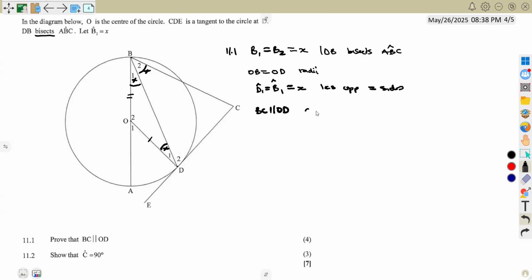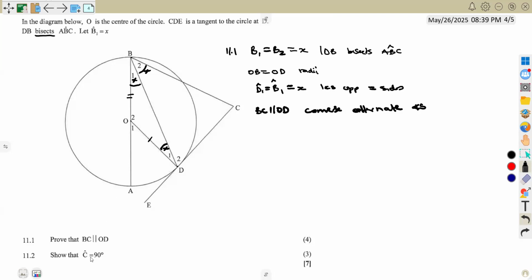The reason: converse alternate angles. Since these angles are alternating and they are equal, it means these two lines are parallel.